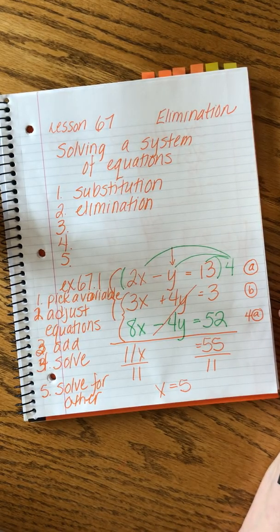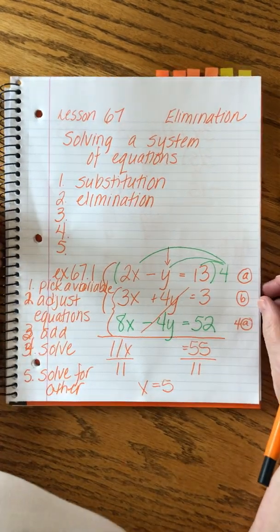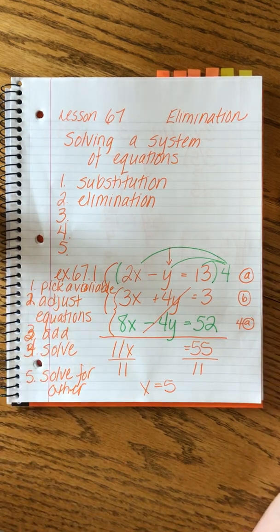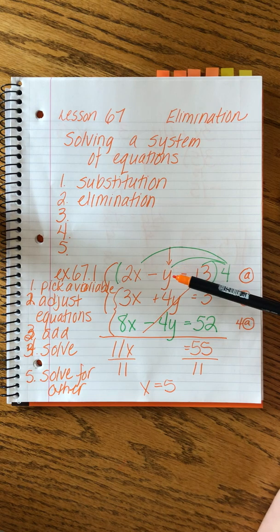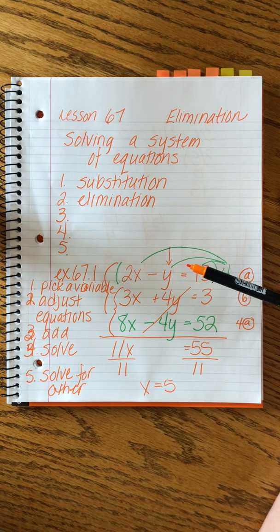I will say this many times probably, but I'm going to say it again. It doesn't matter whether you solve for x first or y first, okay? Whichever you think is easier. And you don't have to think too far ahead, right?